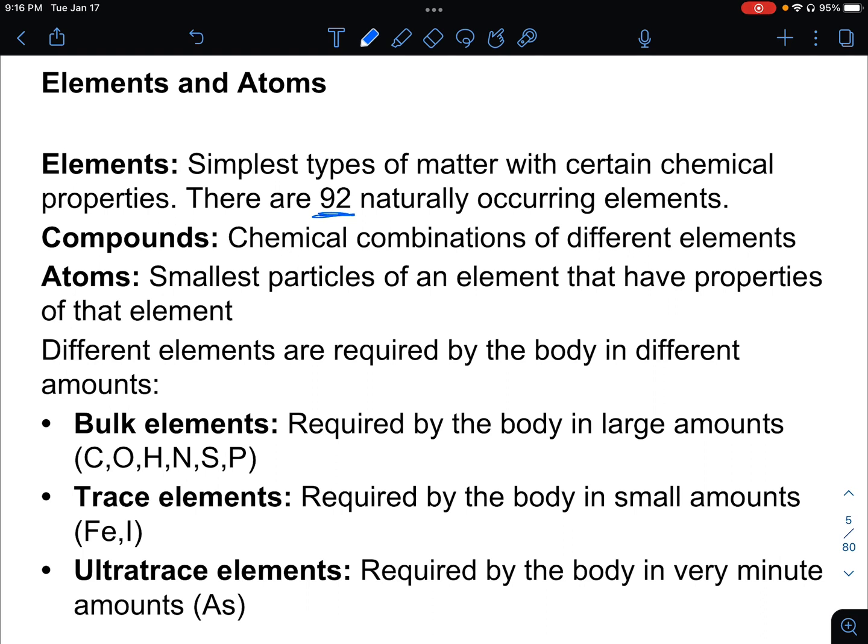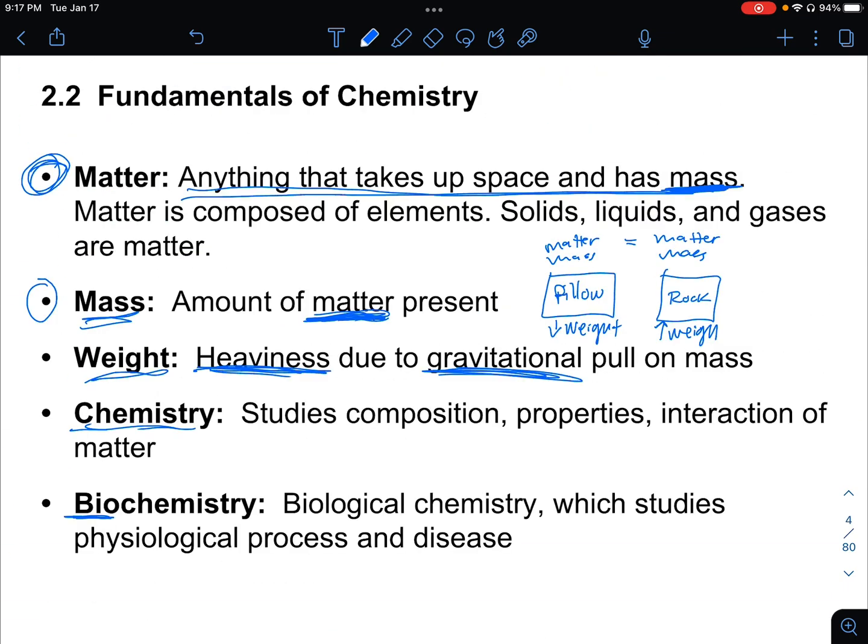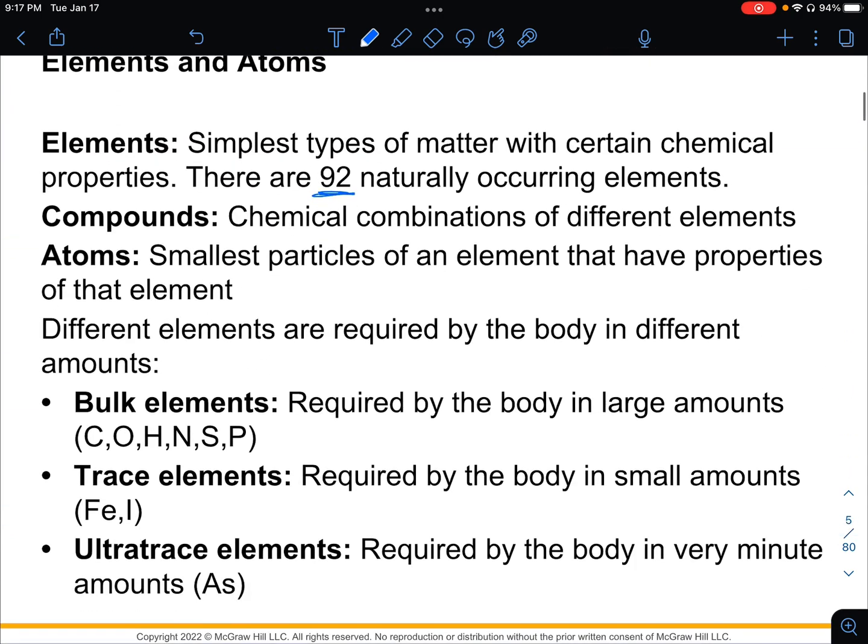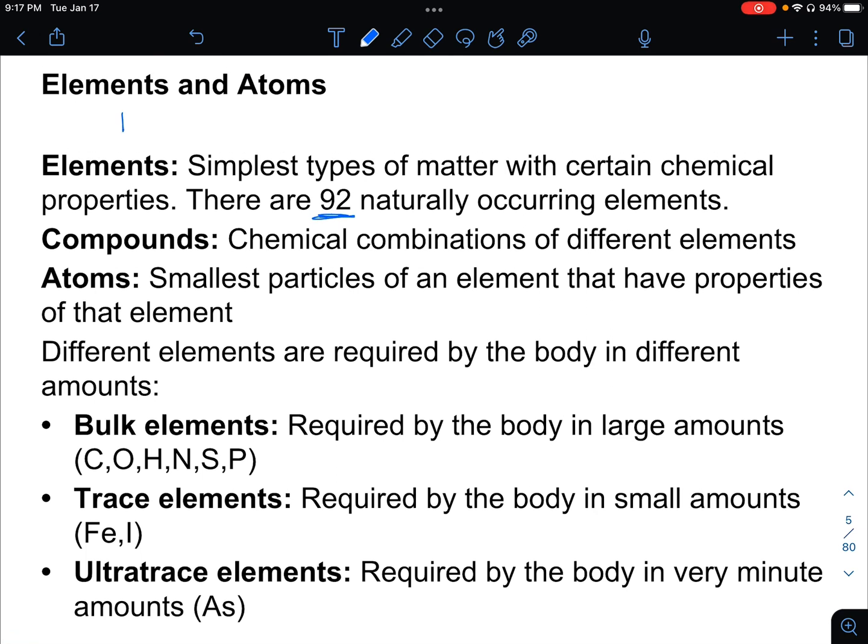So our elements, we said they're the simplest types of matter. Matter, we said, is anything that takes up space and has mass. Matter is composed of elements. Elements are the simplest type of this matter. So when we look at the periodic table, if we look at hydrogen, it's that square and it has the atomic number of 1. Then we can go to helium.